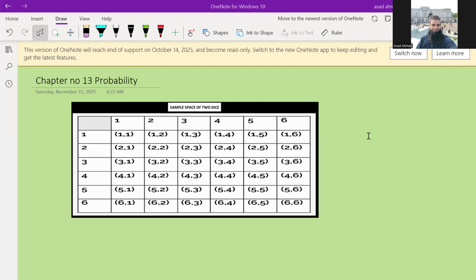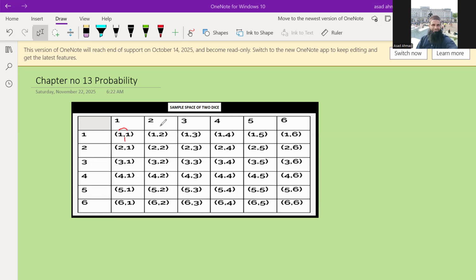So similarly, students, as we have calculated the sum of the faces earlier, we also need to find the product of faces and the difference of faces. I have made separate tables for product and sum of faces, but quickly I want to explain here how we will find the product of the faces. Product of faces means that we should have the sample space of two dice, and you just need to multiply these two numbers.